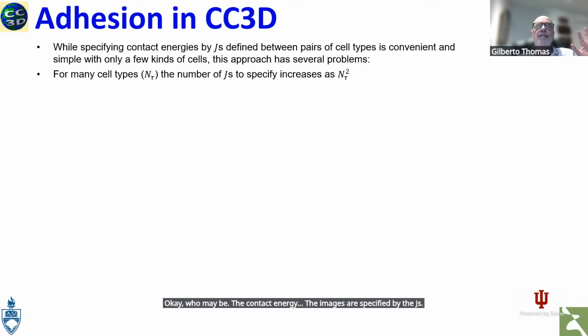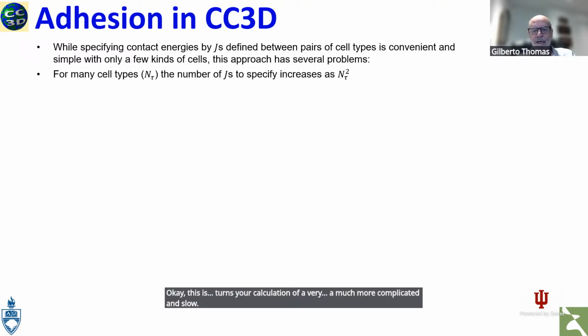Now there is a certain problem because if you have too many cells, the number of J's increases as n squared, where n is the number of types of cells. If you have 10 types of cells, you have to define 100 J's for the matrix between the cells. Okay? This makes your calculation much more complicated and slows it down.